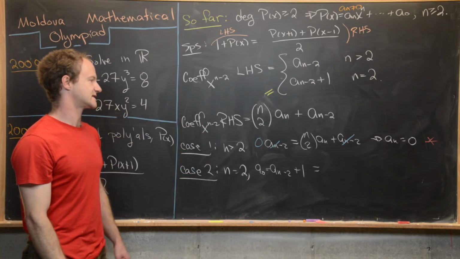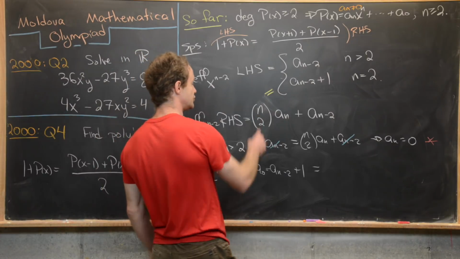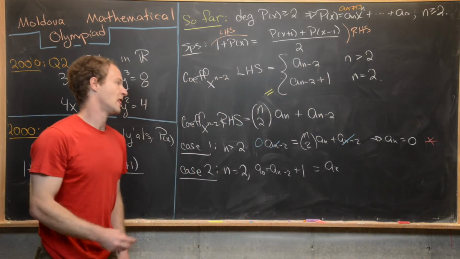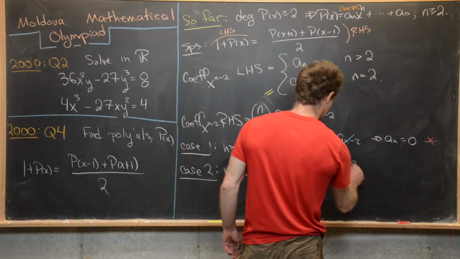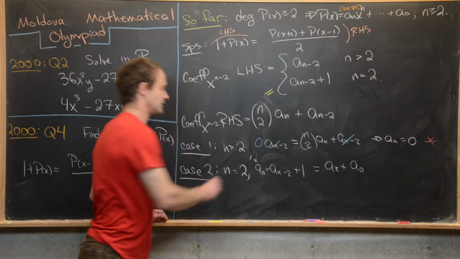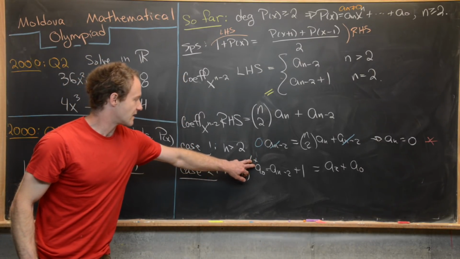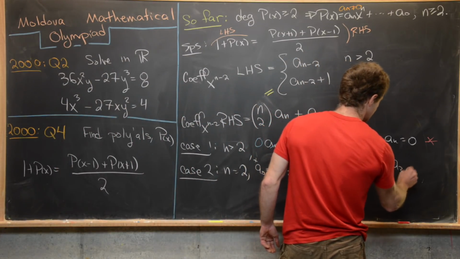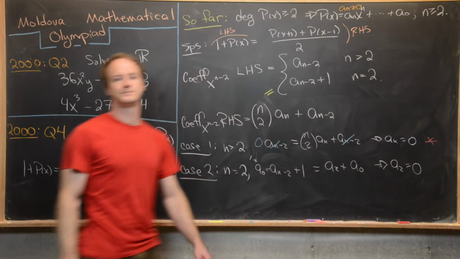And then the right-hand side will be equal to 2 choose 2, a sub n, but that's going to be a sub 2. And then plus a sub n minus 2, but that's 0 in this case. Good. So now comparing this side and that side of the equation, we see that a sub 2 equals 0.